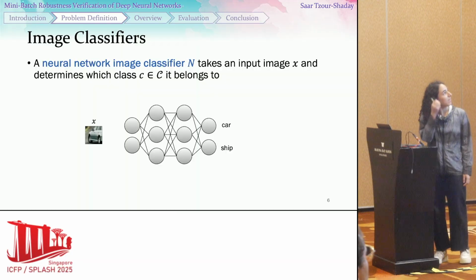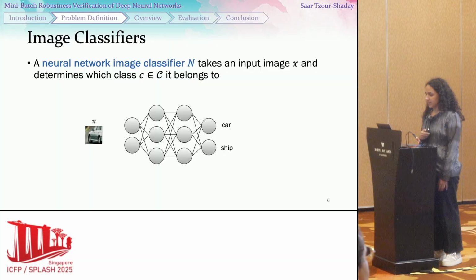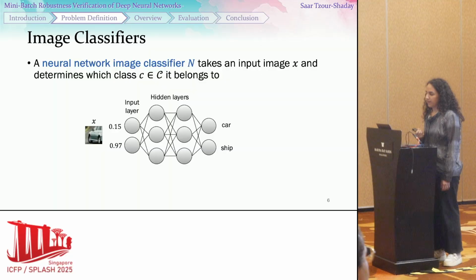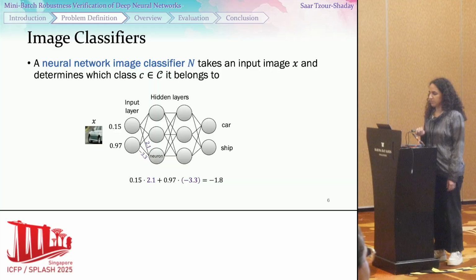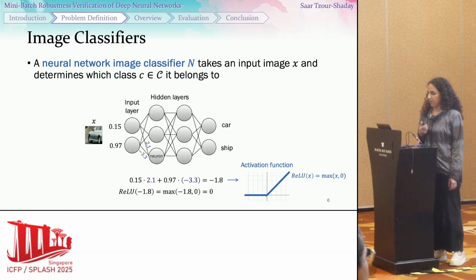A neural network image classifier N takes an input image X and determines which class it belongs to. The input layer of the network consists of the pixel values, which are then propagated through the hidden layers of the network. Each hidden layer consists of neurons, where each neuron applies an affine transformation of its inputs and weights, which is then followed by an activation function.